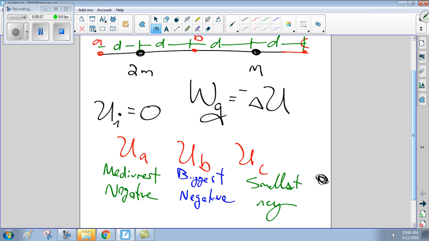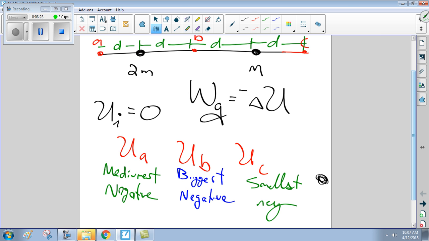So when I find my delta U, I'm going to take a negative number, right? Because you want final minus initial, right? So delta U would be, in this case, a big negative minus 0. So the work done by gravity is actually going to be the biggest positive, right? Does that make sense or no?